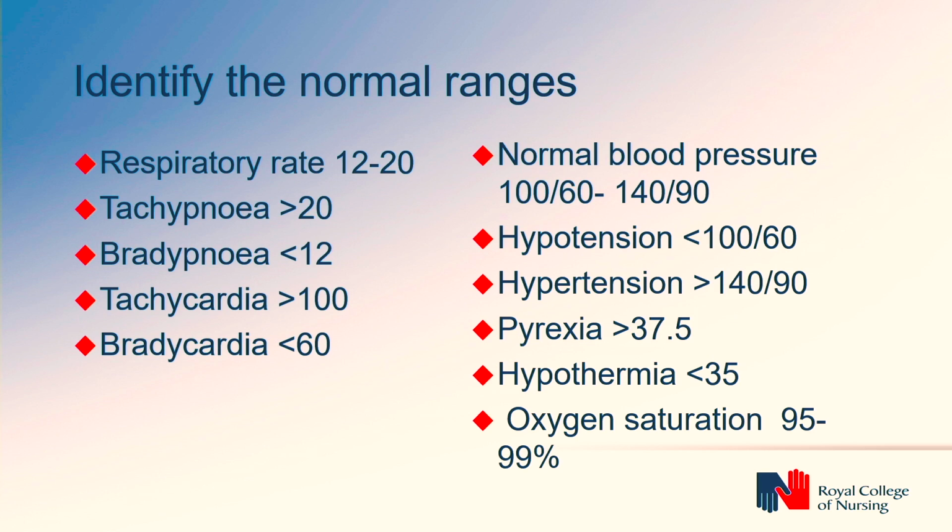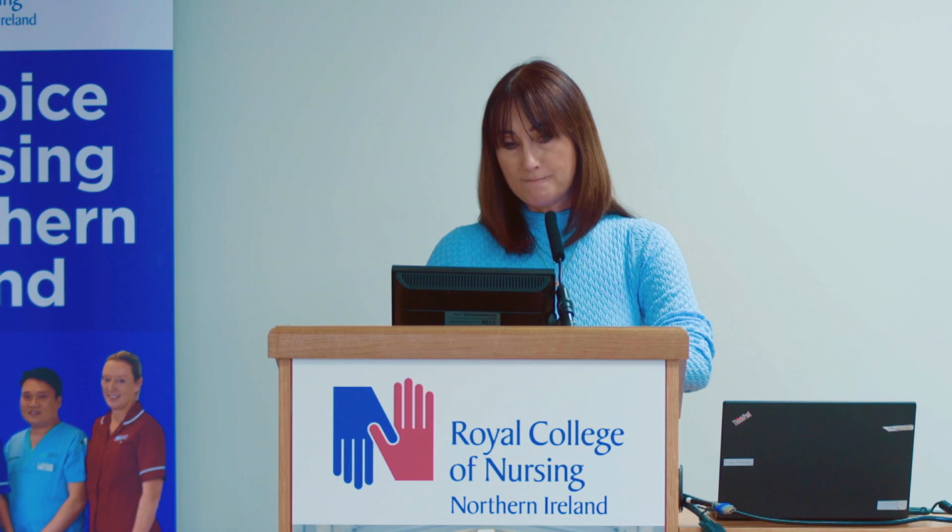Hypothermia then, a temperature below 35, and our normal oxygen saturation is 95 to 99%, 94 to 100. The difference that we see with our COPD patients is likely to be an oxygen saturation sitting between 88 to 92%.